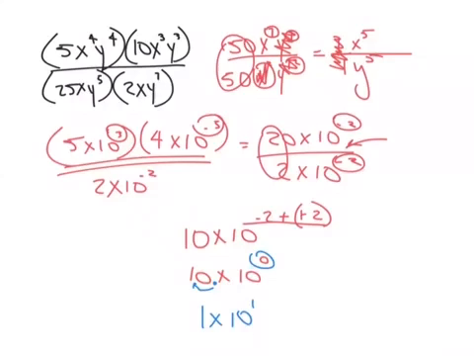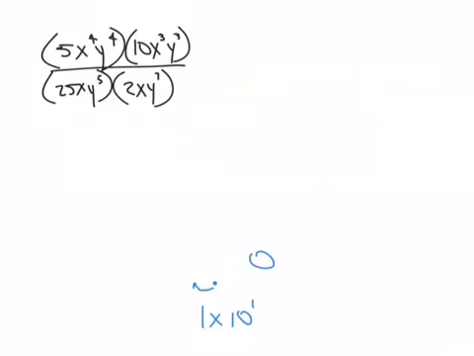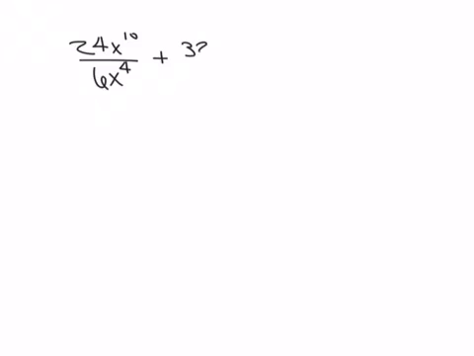Let's do 84, just so that I can make sure I cover any questions you might have over each of these sections. So 84 is 24x to the 10th over 6x to the 4th, and then we're going to add 32x to the 7th over 8x.